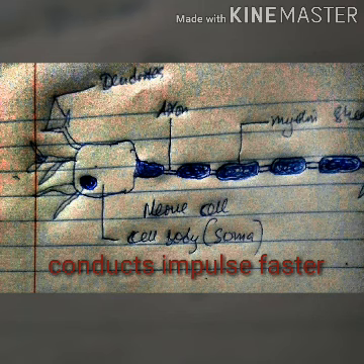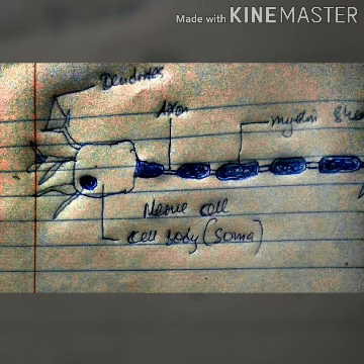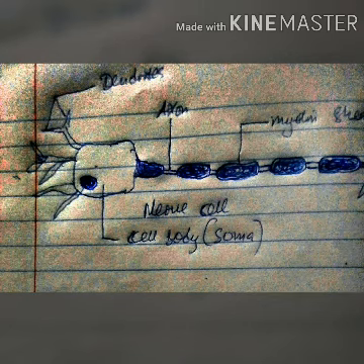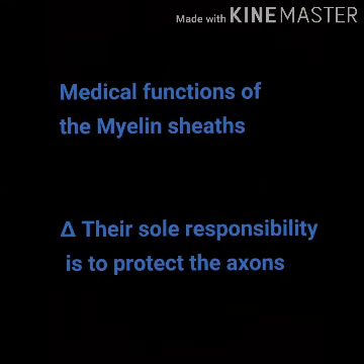We can also see wave-like movements, which are a stimulation in the tissues. With this, conduction is faster with the help of the myelin sheath, which acts as an insulation to the axon.